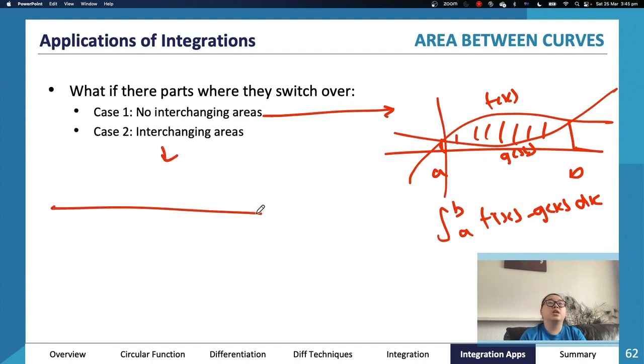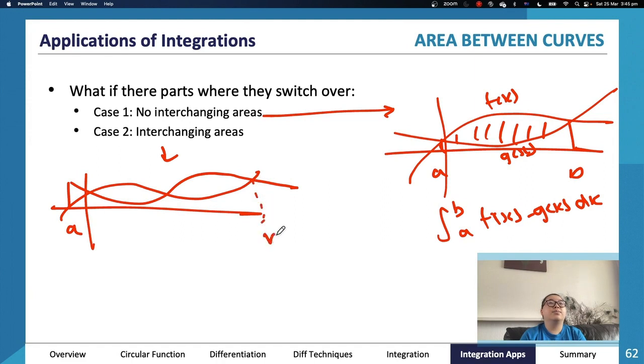If there are interchanging areas, like something like this, to make it even more interesting, let's say that's A, and then that point is B. What we do here is break it up into sections. The top one is f of x, the bottom one is g of x. We start from left to right.